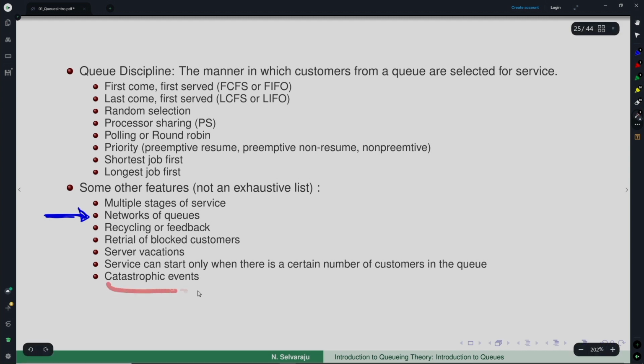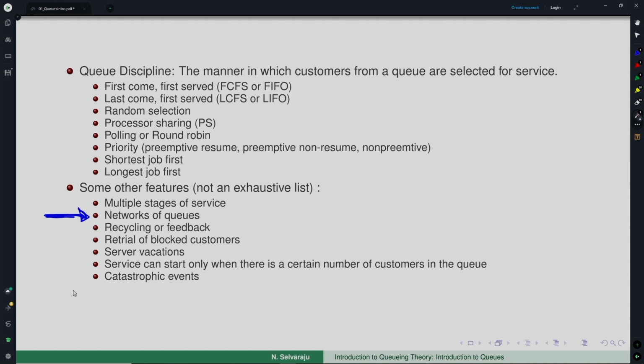And there could be catastrophic events, like a link failure. Whatever packets have been sent up to that point of time and have reached that particular link are all dropped. So, this is a catastrophic event, right. Again it could be a complete, total catastrophe, or there could be a mild catastrophe, meaning that it will not kill all the packets that have been waiting, but it might kill some portion.